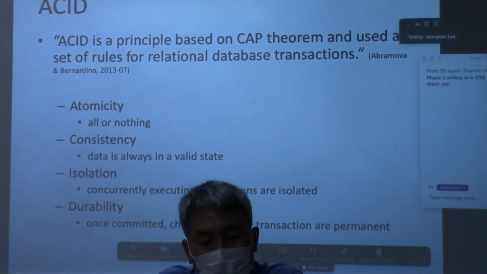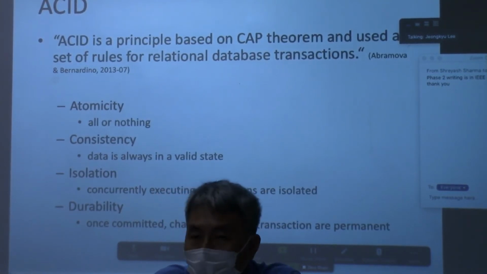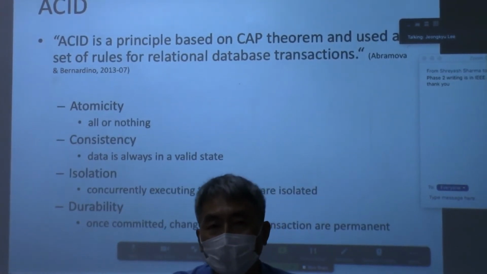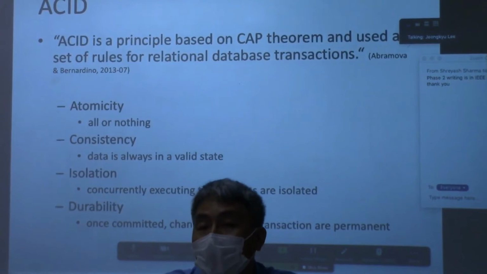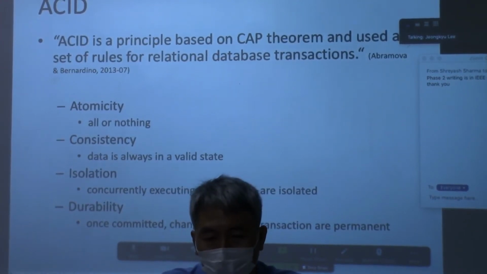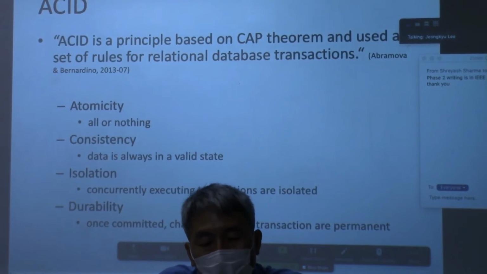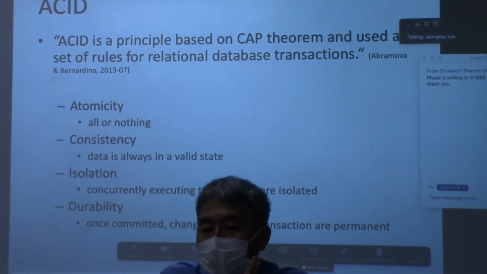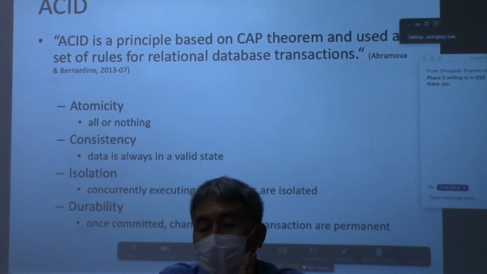That is consistency. The third one, isolation. As you can see in the example of the two transactions, you cannot read the data of another transaction until commit. After commit, you are able to read. So this is isolation. And durability means once committed, it should be permanently applied. So this is a very strong, very popular characteristic of relational database transactions.